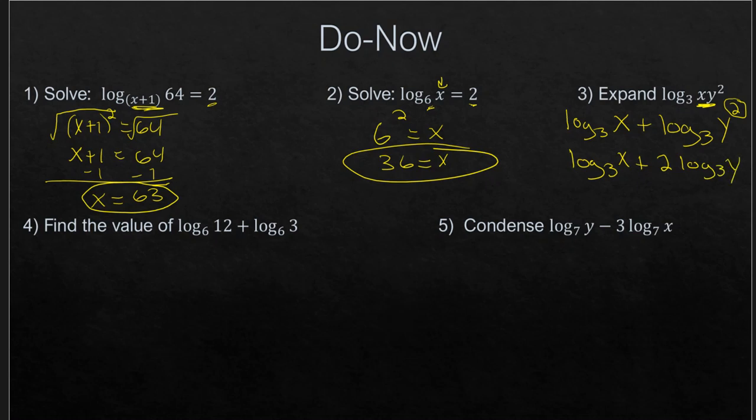All right. For number 4, this one is actually solving it, so not just condensing. In order to solve it, you need to condense it in this case because unless you know 6 to some power equals 12, and I'm pretty sure you don't because I wouldn't either, since it's not going to be an exact number. So I would work on condensing it.